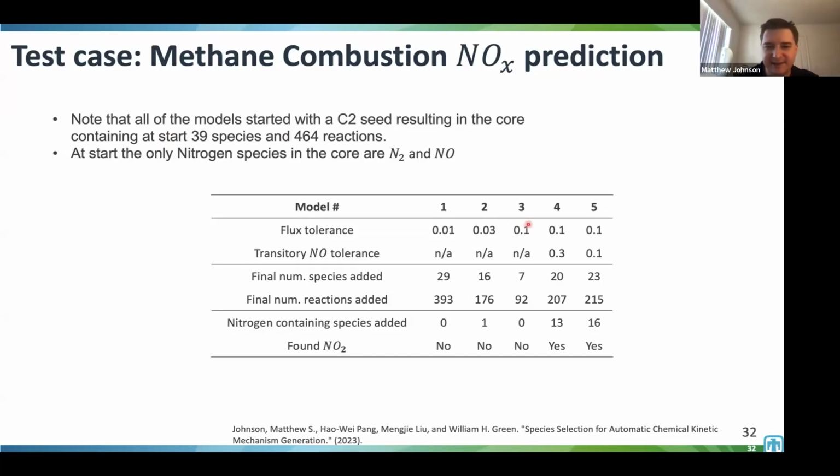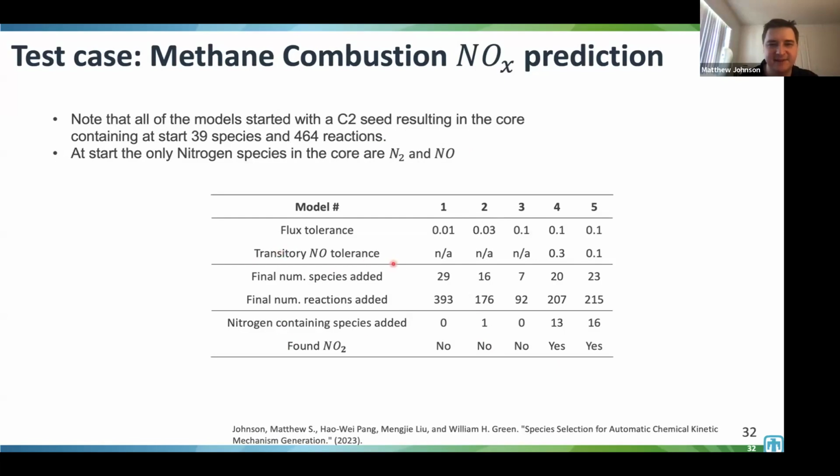So here, what you can see is that we run to a relatively low flux tolerance of 0.01, and between all of these, we only in one case even added a nitrogen containing species, and none of these found NO2, starting from just N2 and NO as nitrogen species.